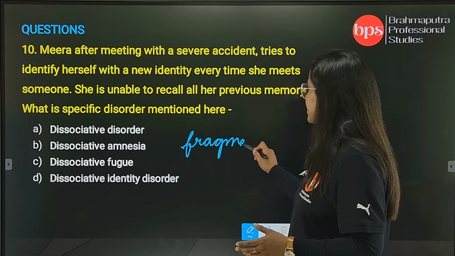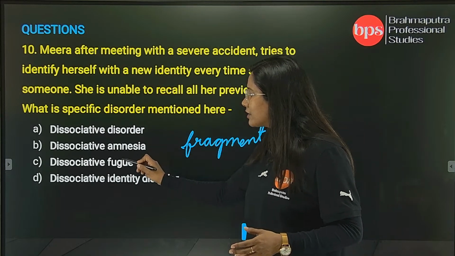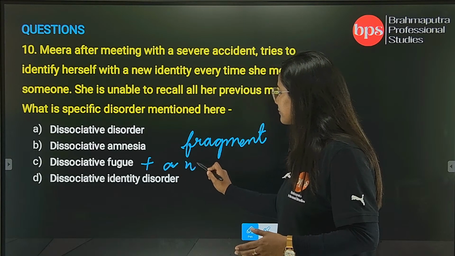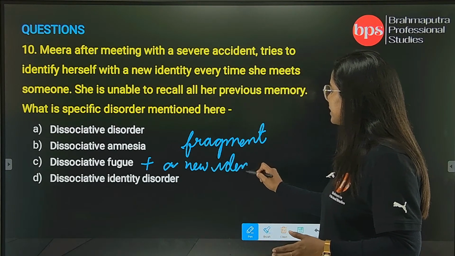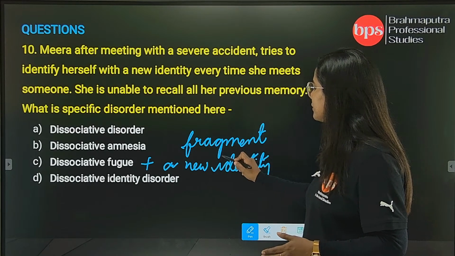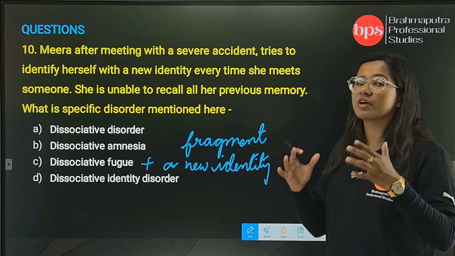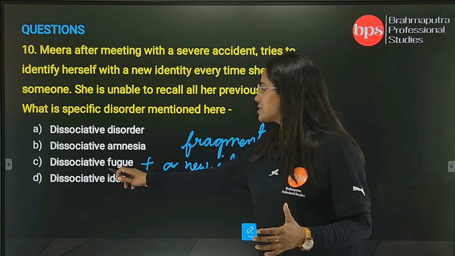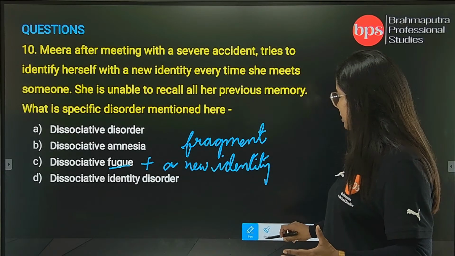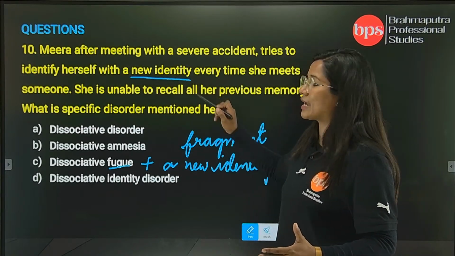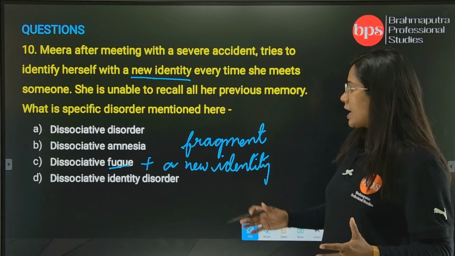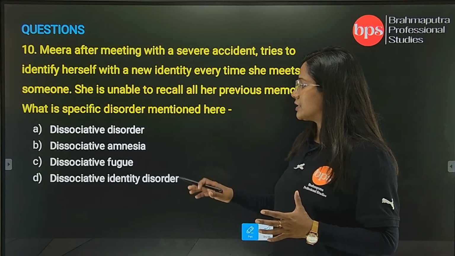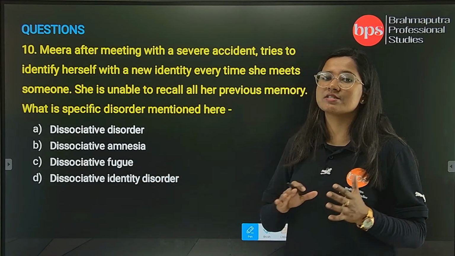But when this fragment is carried further and a person is trying to add a new identity, we term it dissociative fugue. So whenever you get the term fugue, you try to relate it with some kind of new identity. And the last option, dissociative identity disorder.